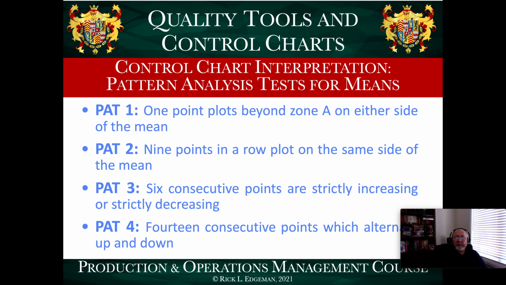Now, because these things are rare if there's been no change in the process, when we see these, the likelihood of these patterns is usually somewhere between about 1 in 250 and 1 in 1,000, if nothing has changed. That means that if you see one of these patterns, the likelihood that something has changed is more like somewhere between 249 out of 250, almost certain, or 999 out of 1,000, almost certain.